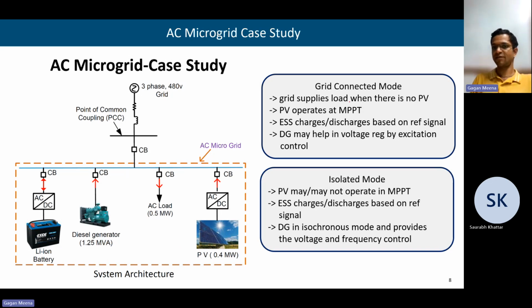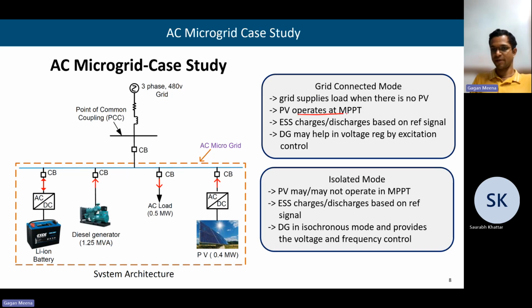Here the grid supplies the load when there is no PV. Otherwise, when PV and storage both are able to meet the load, then the grid is not required. We can directly supply the load using PV and battery itself.